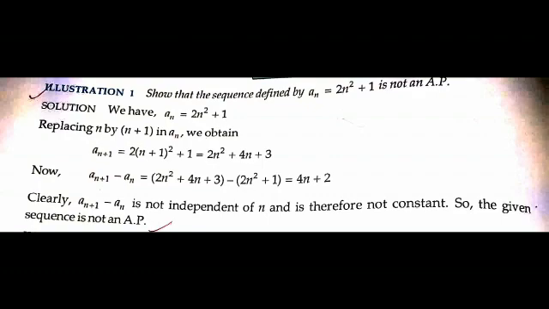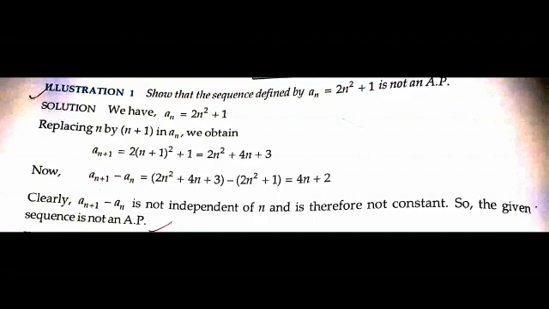So following that algorithm, replacing n by n plus 1 in an, we obtain the (n+1)th term a(n+1) equal to 2 in brackets n plus 1 whole square plus 1, which after simplification is equal to 2n square plus 4n plus 3.